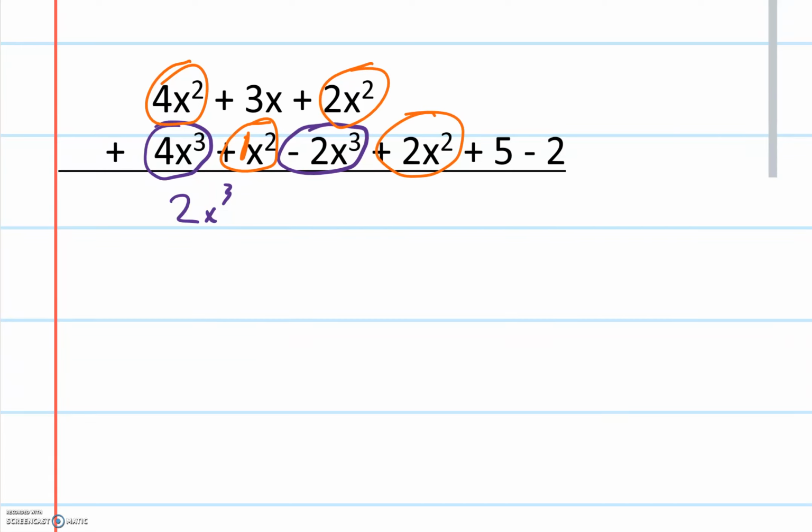So 4 plus 2 plus 2 plus 1 equals 9x squared. This is the next highest with degree, invisible degree 1, plus 3x. And lastly, we have our constants. 5 minus 2 equals plus 3.